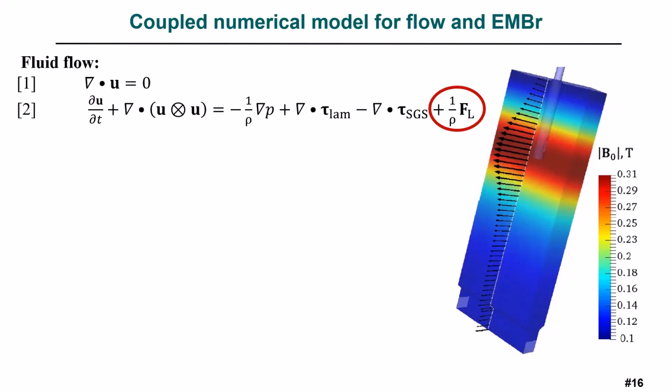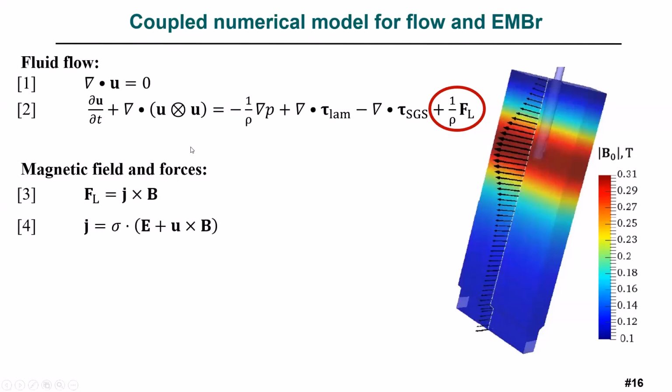Also, I heard during this conference about the sigma model, so I will give it a try and see how it relates to the experiments. To close this system, we need to calculate the Lorentz force, which is calculated from equation 3, and the induced electric currents J are calculated from Ampere's law.